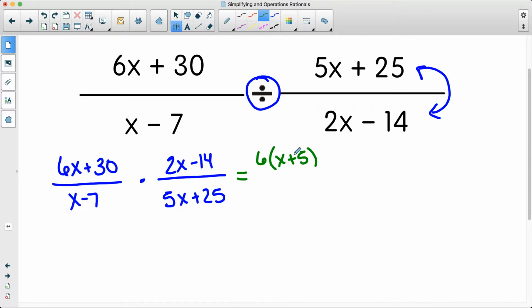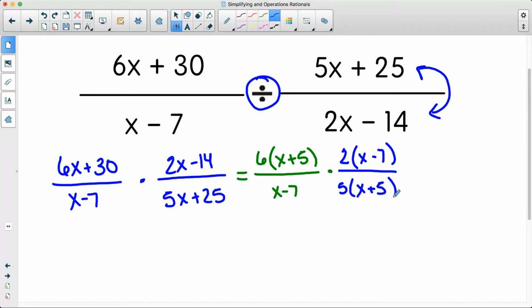So I'm left with 6 times x plus 5. x minus 7, that can't be factored, so that stays the same. On the right, 2x minus 14, I can take a 2 out from both of those terms, and that leaves me with 2 times x minus 7. Over 5x plus 25, I can take a 5 out. So that's going to give me 5 times x plus 5.